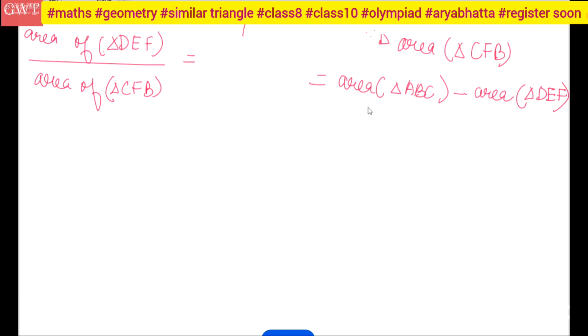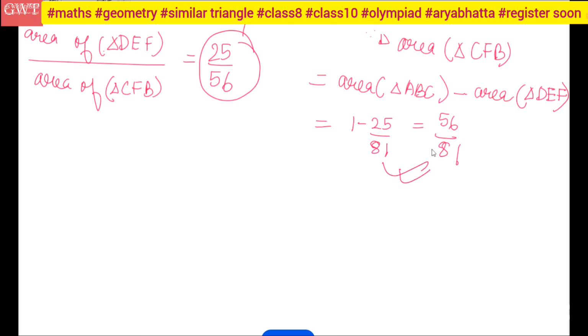So I can write 1 minus 25 by 81 is equal to 56 by 81. So finally I get DEF upon CFB is equal to 25 by 56, because I used this trick. For the lower triangle I do the minus, and then I find the final answer, that is 25 by 56.